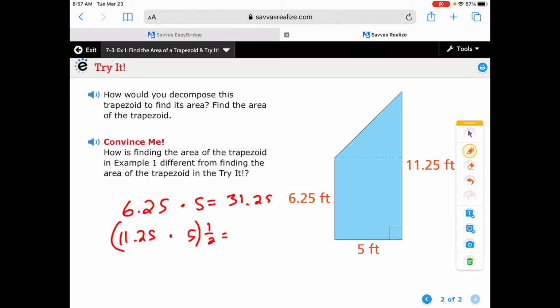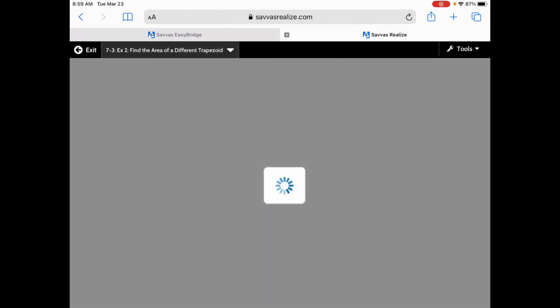We can see that that is going to be 12.5 times 5. We add those together, resulting in 43.75 feet squared. So make sure you have that right.